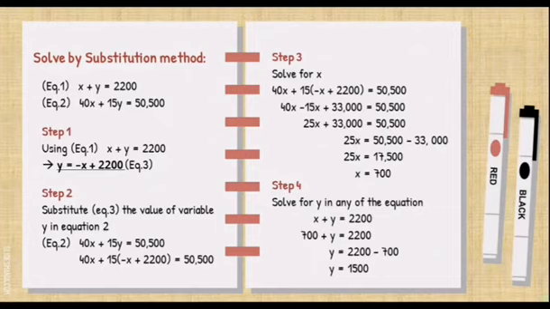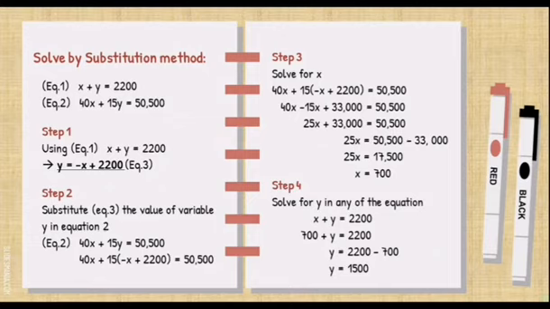Step 2. Substitute the value of variable y from equation 3 in equation 2. Equation 2 is 40x plus 15y equals 50,500. So substitute y, which is negative x plus 2,200. That's why we get 40x plus 15 times the quantity negative x plus 2,200 equals 50,500. Step number 3.